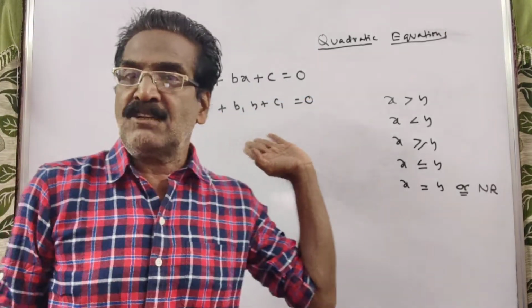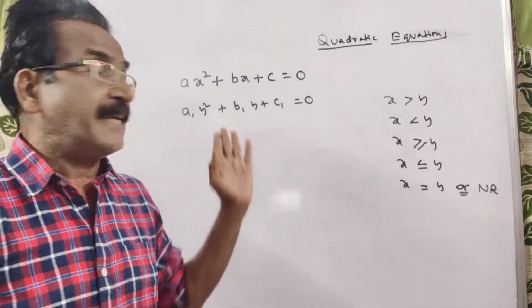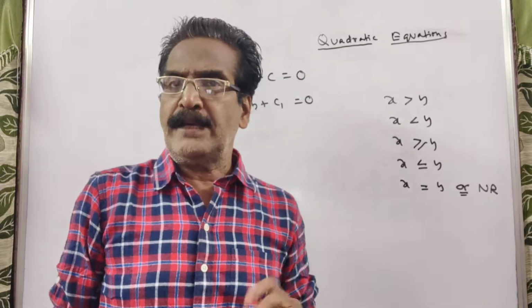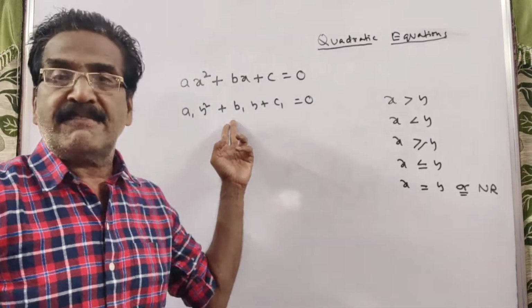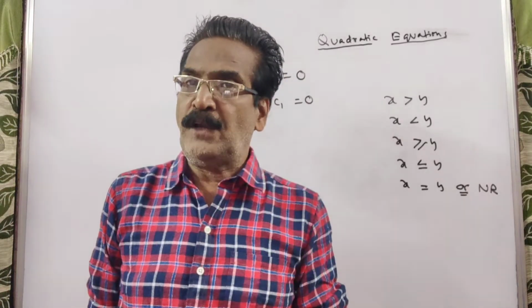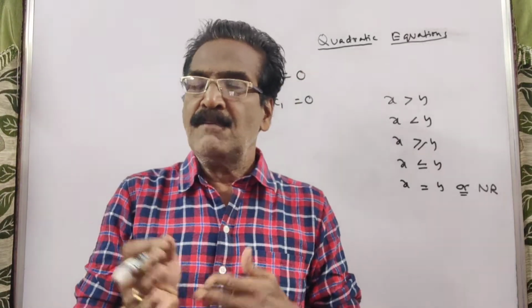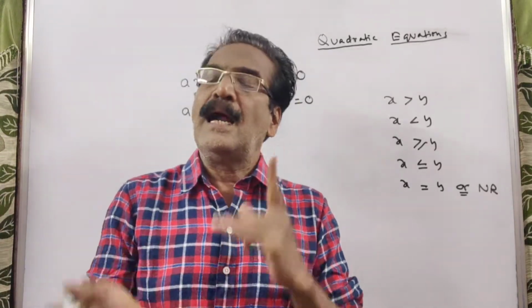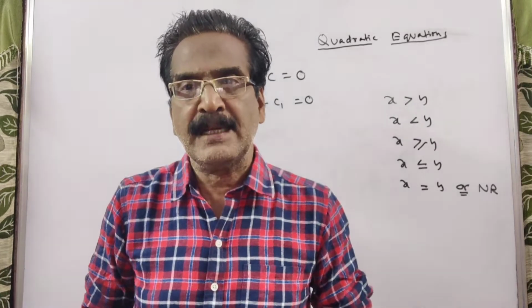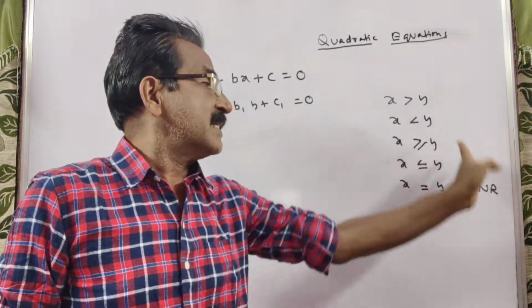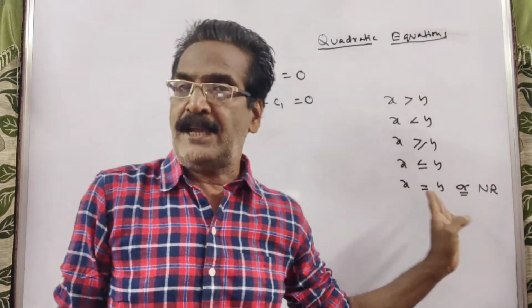From this equation, you can have two y values. So you have to compare both the x values with both the y values and then establish a relation between x and y. It will be any of these five options.